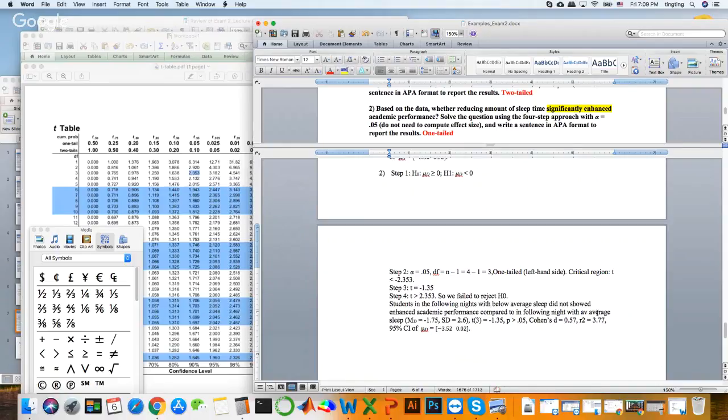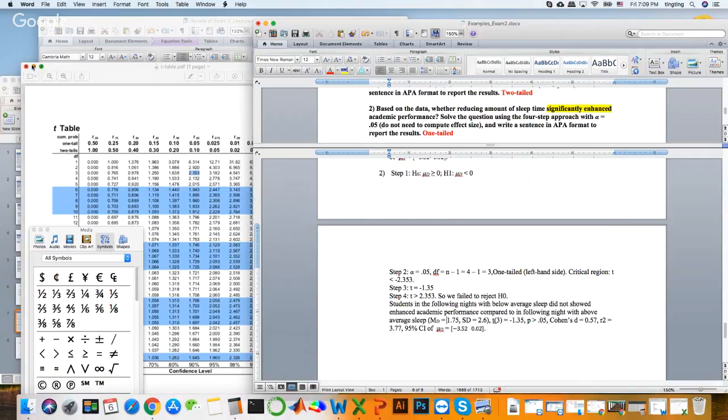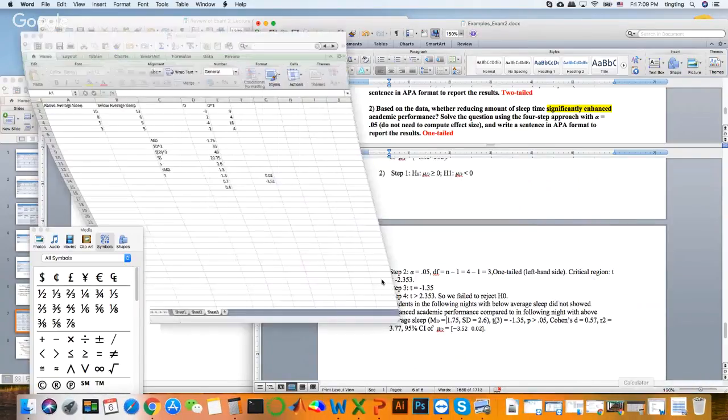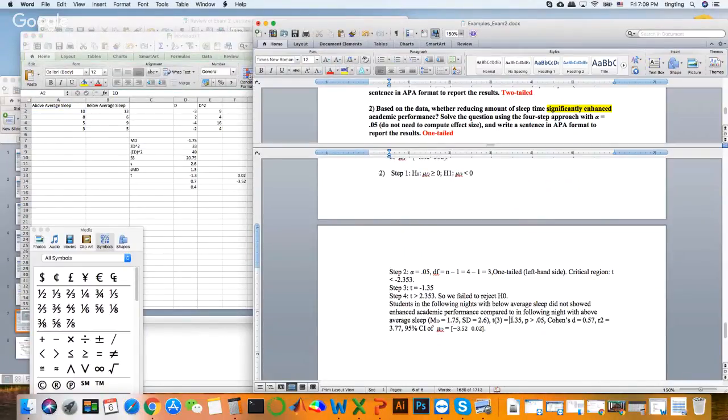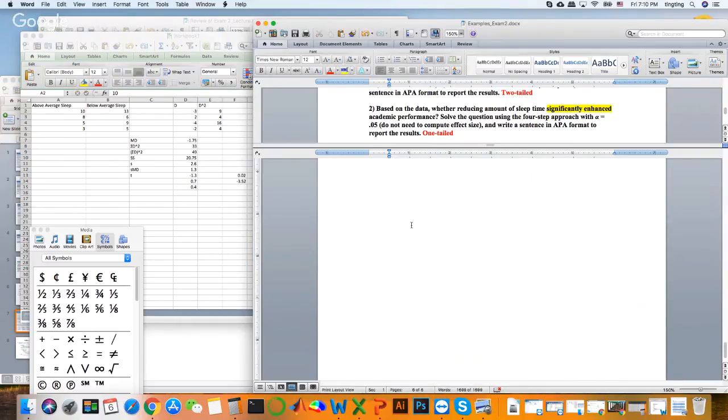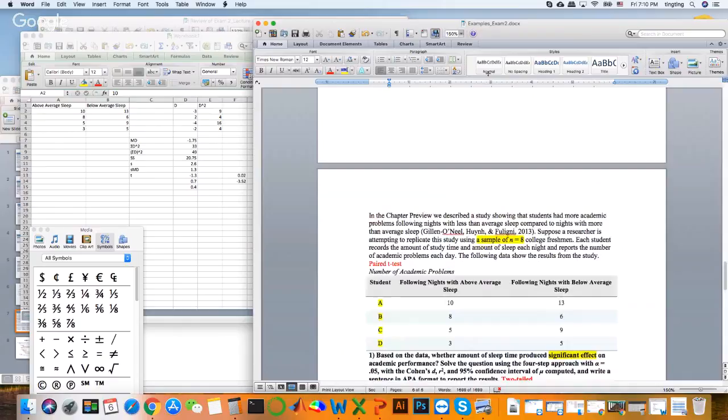It's above. Because we are using this one compared to this one, so we report the positive score. That's it. So we finished all of these questions.